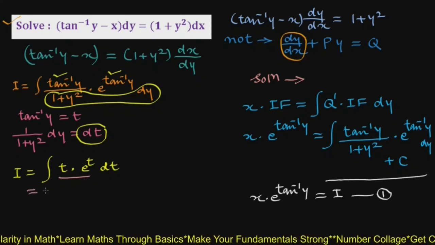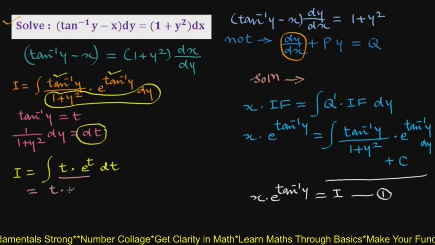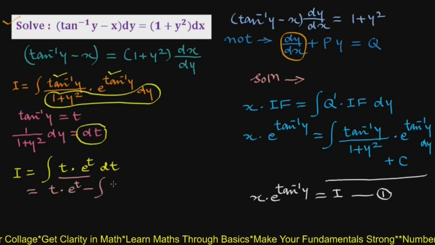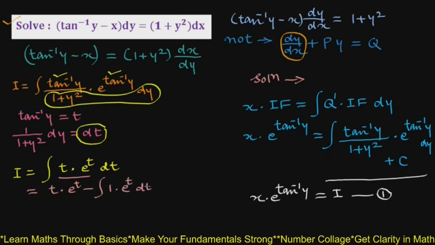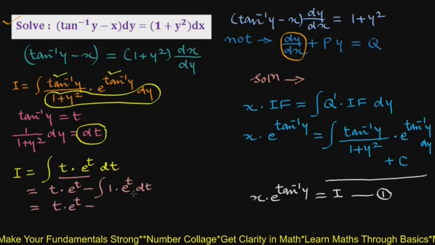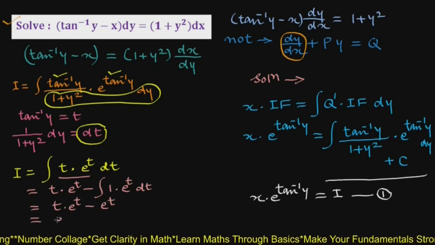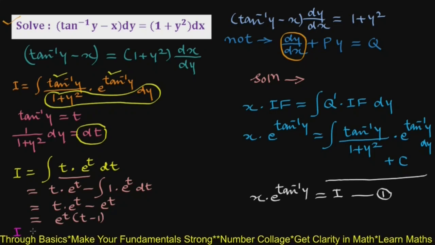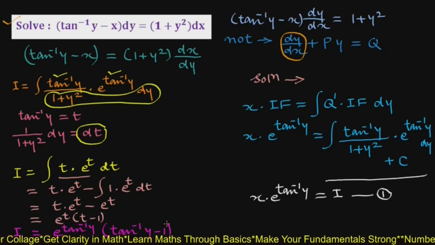So this is first function t into integration of second, which is e raised to t, minus integral derivative of first, that is derivative of t is 1, into integration of second e raised to t dt, which is t e raised to t minus integration of e raised to t is e raised to t, which equals e raised to t into t minus 1, which will be I equals e raised to tan inverse y into tan inverse y minus 1.